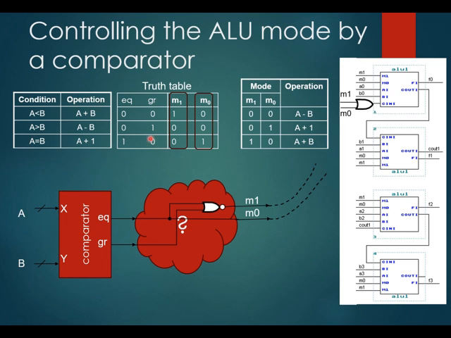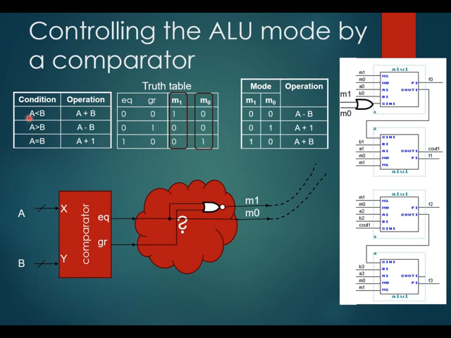The comparator outputs EQ and GR will feed as the input to this logic we want to design, and the output of the logic will be based on the desired mode that we want to produce, or control, at the ALU.